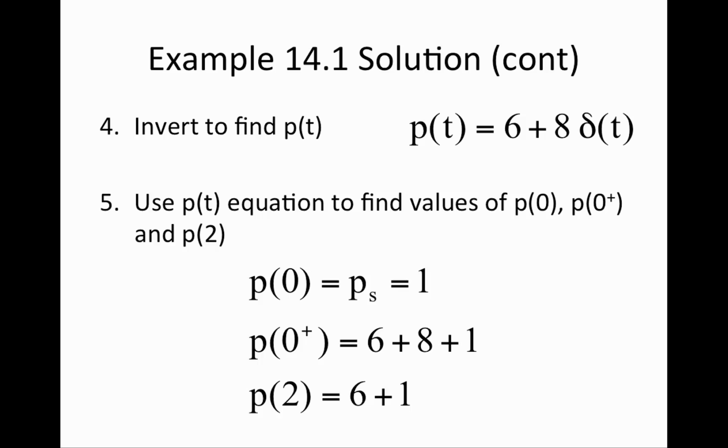When the system starts to work, we have P0 plus to be 6 plus 8 times delta 0 plus, plus 1, which gives us 6 plus 8 plus 1. And P2 to be 6 plus 1, because at time 2 we don't have any more pulse signal. There are 2 more examples in the textbook for your reference.